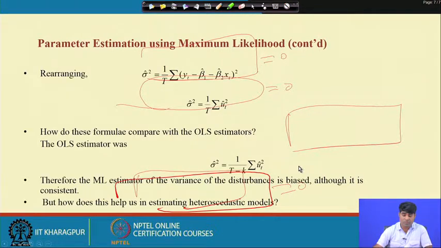if you move further, then sigma square equals simply u square by t. That is what is called the error variance.